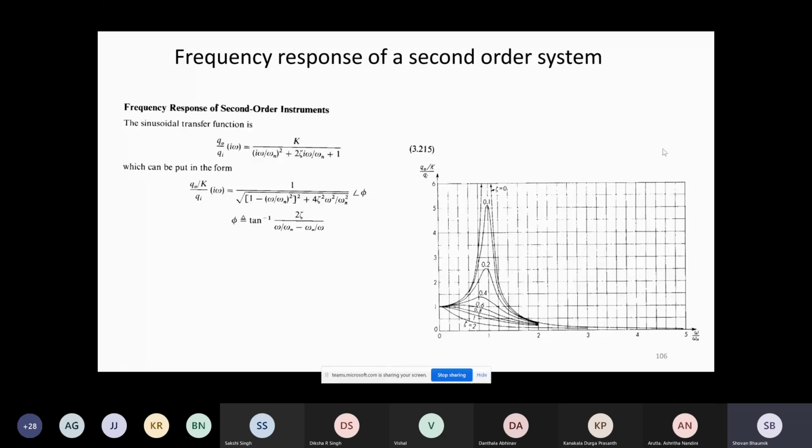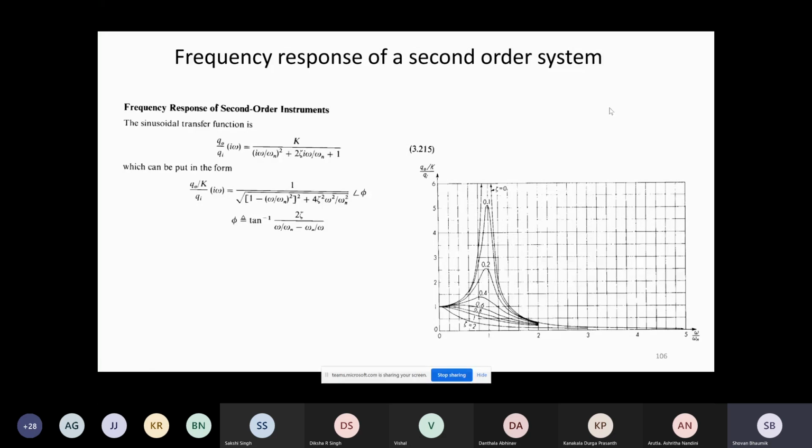So it is taken in linear scale. Now for the gain plot, what will be the y-axis? The y-axis will be in decibel.